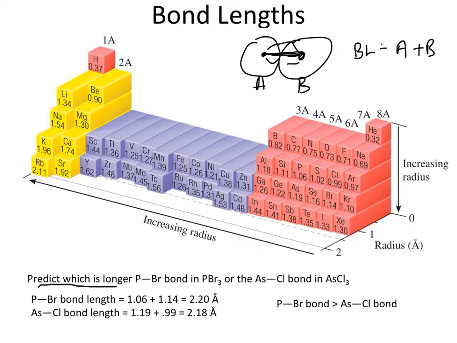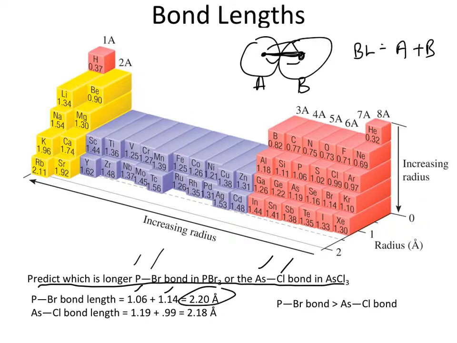So if I ask you something like this, to predict the bond length in each one of these molecules, I would look up on the chart the radii for phosphorus and bromine, as well as arsenic and chlorine, and sum those as you see here. So your phosphorus and bromine radii get summed.